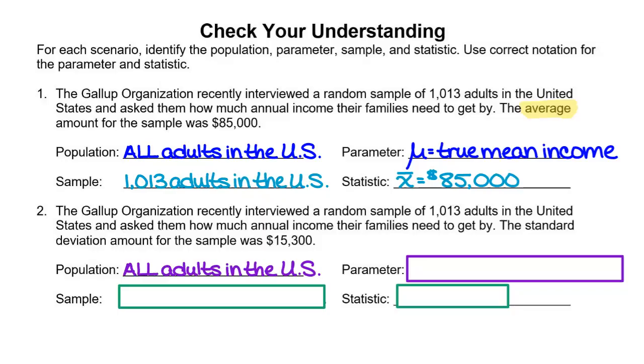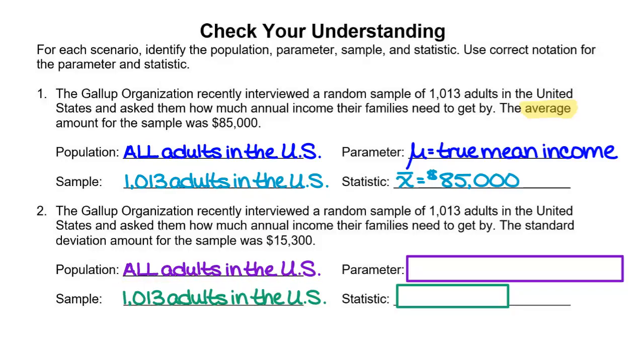What would the sample be? 1,013 adults in the US. What symbol would we use to represent the parameter here?